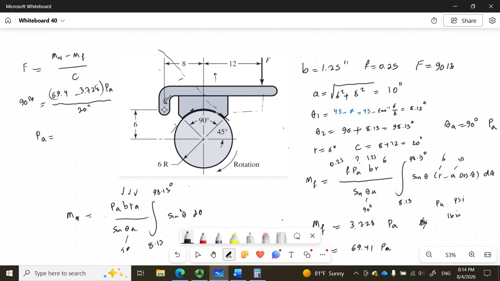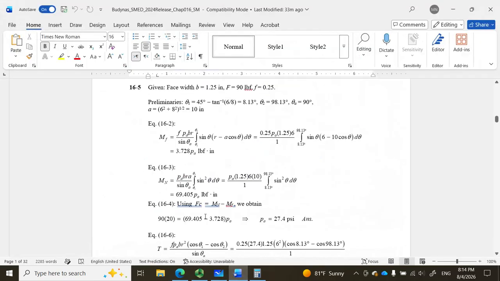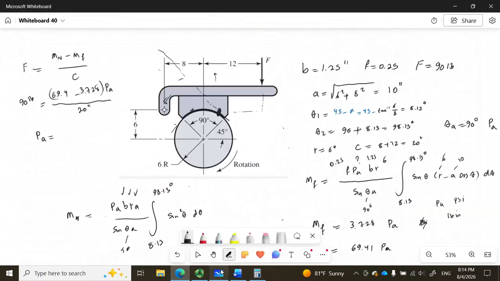Max pressure, as I said earlier, is gonna happen somewhere like here. So max pressure is gonna come out 27.4. 27.4 psi is the max pressure.